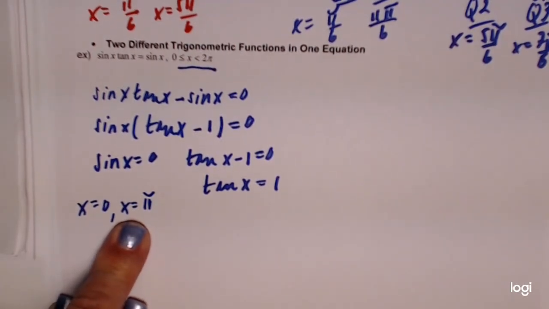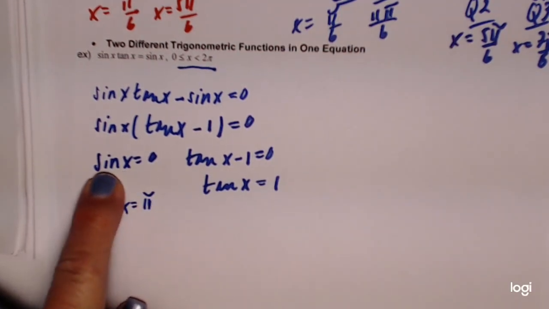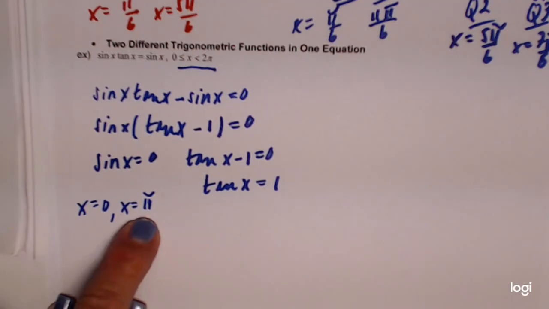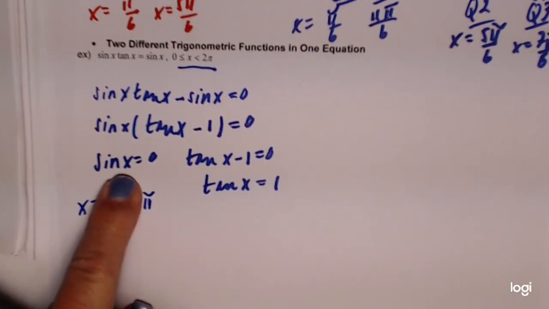In another example, we only got one because there was only one value where sine of x was 1, and that was pi over 2. But in terms of when sine of x is equal to 0, that happens at 0 and also pi or 180. So we have two solutions for the sine piece.